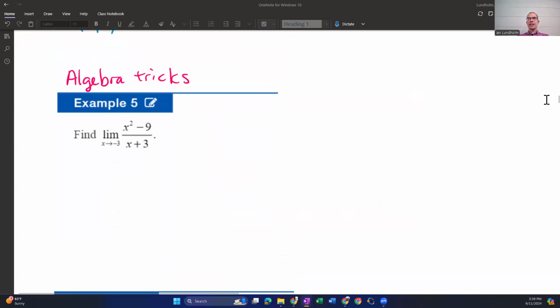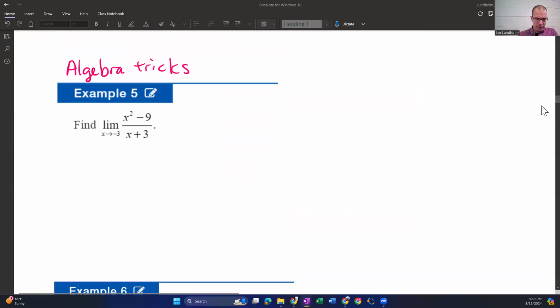The first algebra trick is factoring. So just to get an example of doing this by hand, feel free to work ahead of me if you're confident in your factoring skills. Here again, if we were to plug -3 into the top, we would get 9 minus 9, which goes to 0. And if we plug -3 into the bottom, it would go to 0 too.